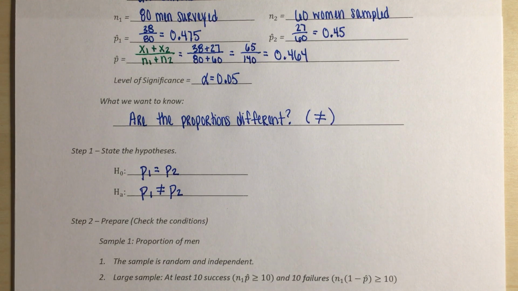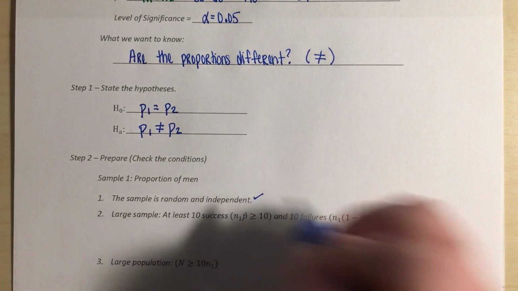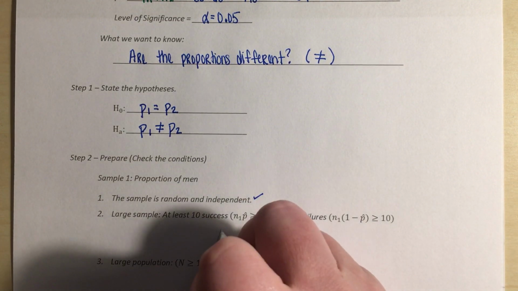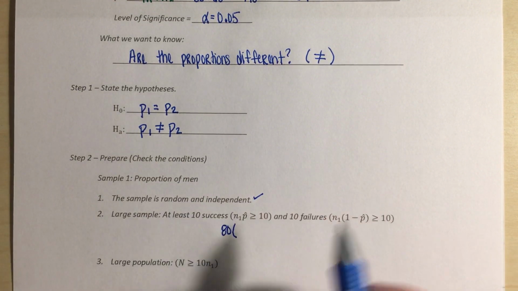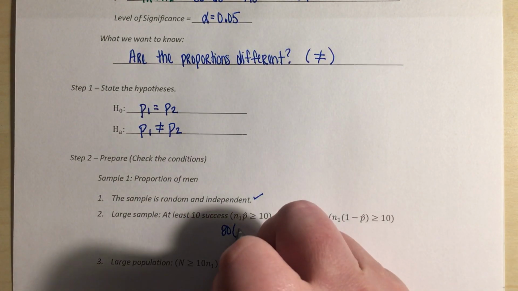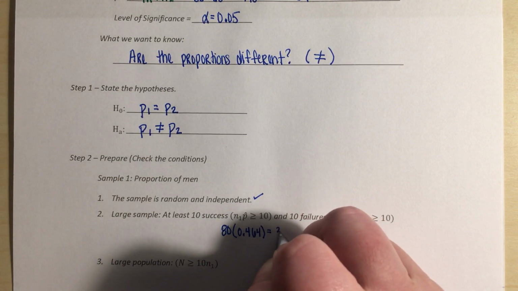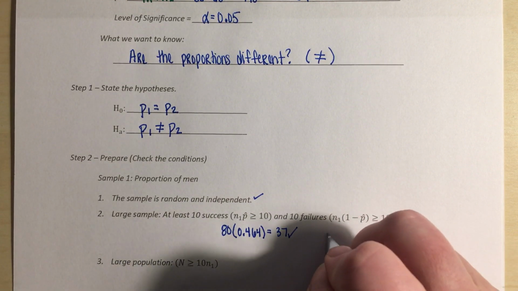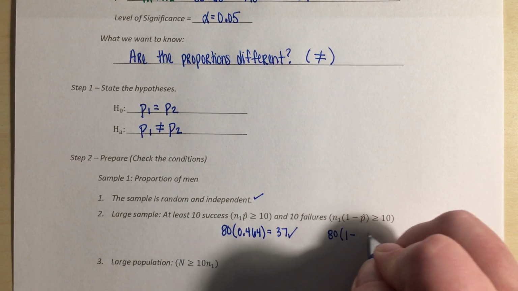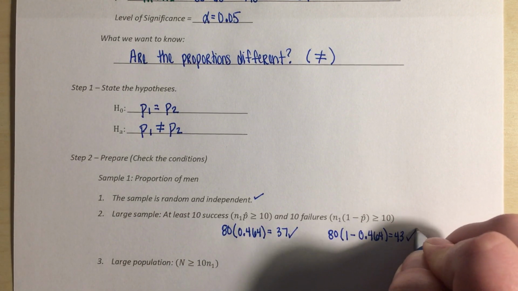All right, so now we're going to check our conditions. We are going to go through it in this particular problem. First we're looking at our first sample, our proportion of men. The sample is random and independent. Yes, we're going to assume that that's true. For our number of successes, 80 times, notice that we're using our plain P hat, so we're using this 0.464, that's 37. 80 times 1 minus 0.464 is 43.